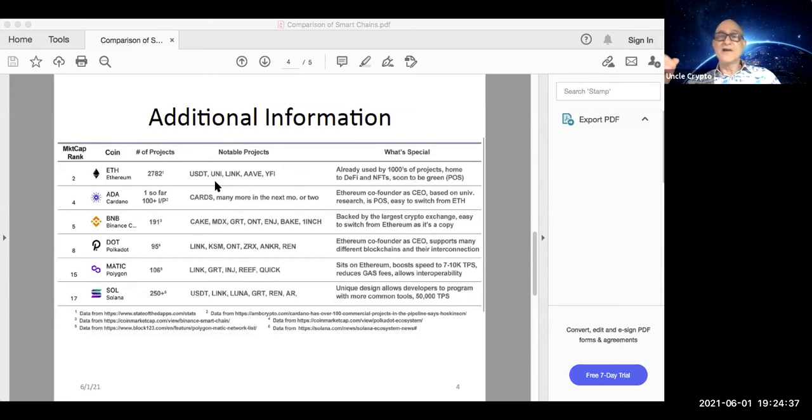Like DeFi is, you put some money in, you can earn percentages and money out. That's how it's programmed, and Aave is programmed to do that. And they're usually 1, 2, or 3 in terms of the most money locked into DeFi coins. YFI is Yearn Finance. It's another huge DeFi coin, very popular.